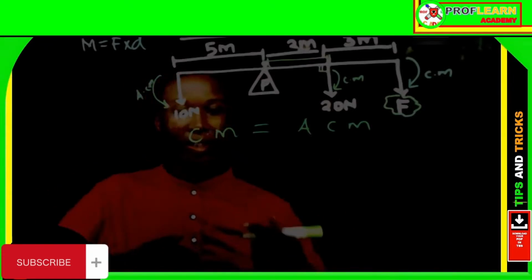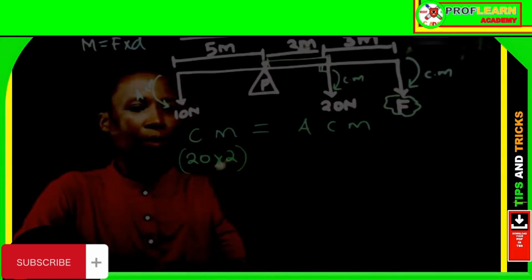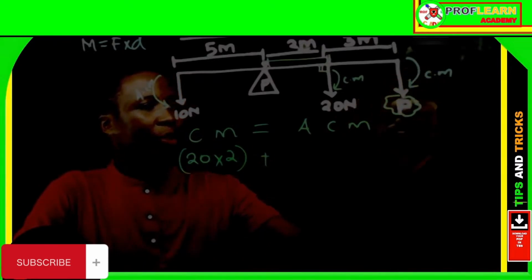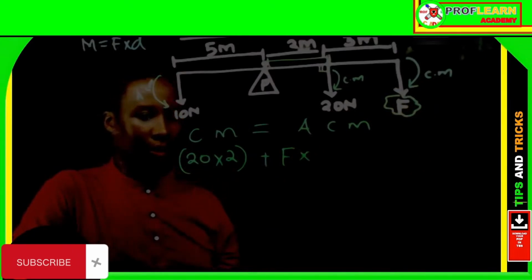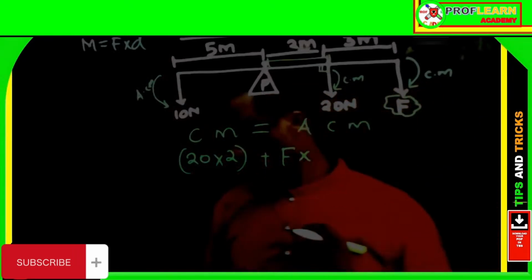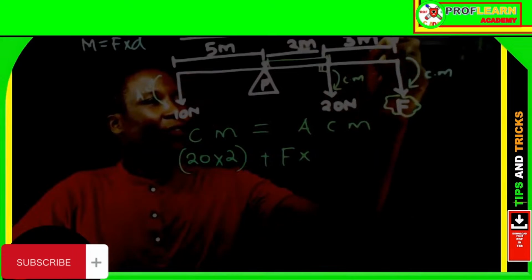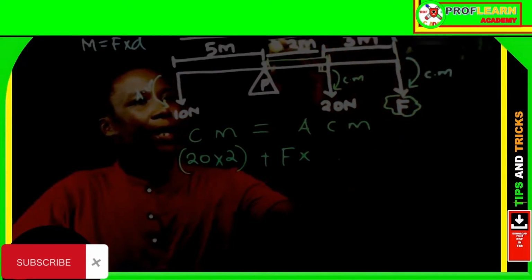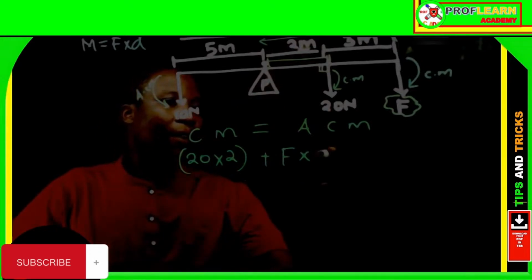So it's going to be 20 times 2 plus the moment due to this force F. It will be F, the force F, times which distance? Yes, the correct distance is from this point where the force is acting all the way to where the pivot is. So that's going to be 5.